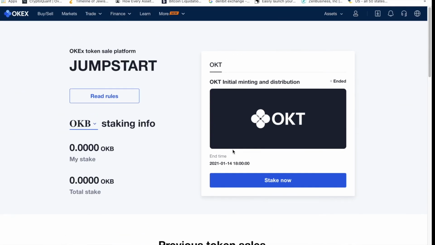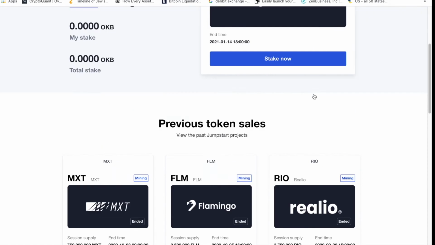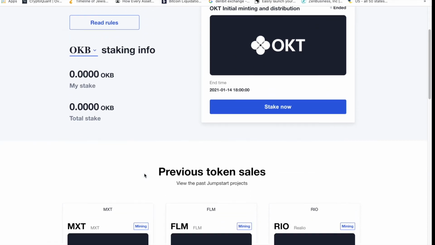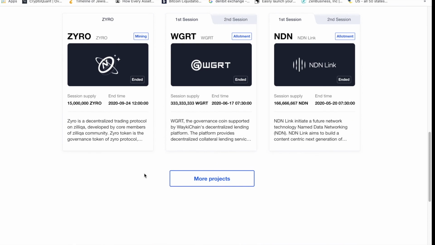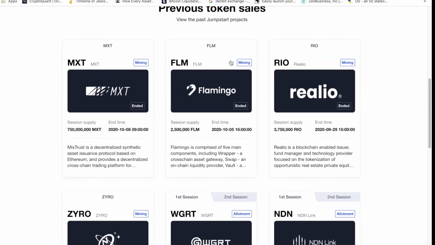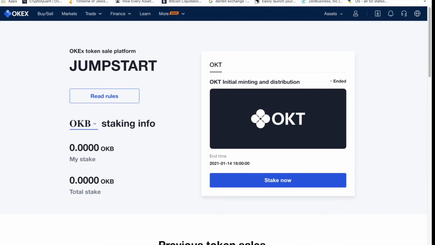They have this probability ticketing system, where you get a maximum amount of tokens you can contribute, to create a fairer distribution of the token, for example. This is quite interesting. You can see when was the last time they had it, and the last one was in October 2020. Since then we haven't seen anything listed on OKX in the Jumpstart platform.